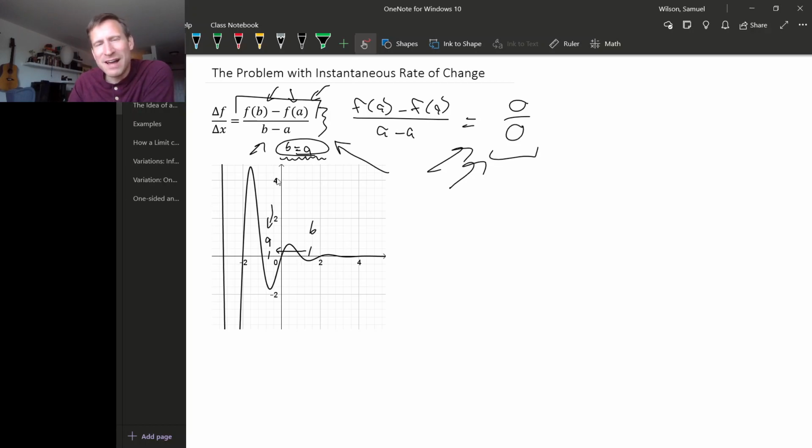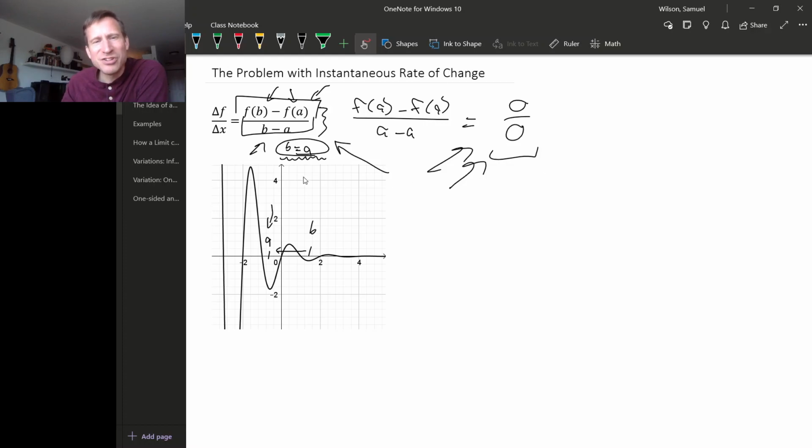Then we'll have to just watch what happens to the value of this ratio. Our hope is that as b gets closer and closer to a, this ratio will get closer and closer to something. And whatever that something is, hopefully a number, that will be the value of the instantaneous rate of change.